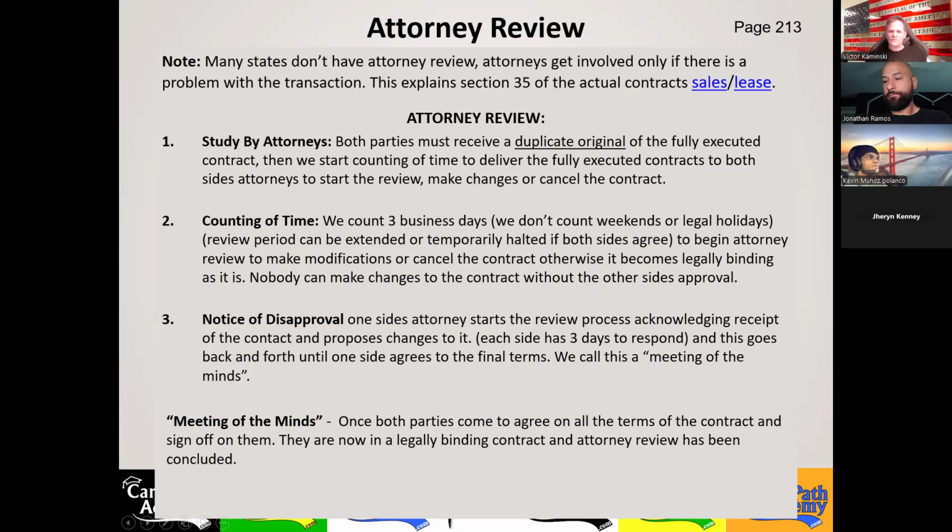And they all sign off on it, and attorney review is concluded, and we are now considered to be in a legally binding contract. So what is the meeting of the minds? It's when both parties are in agreement on and aware of and understand all the terms of the contract. They're now in a legally binding contract.